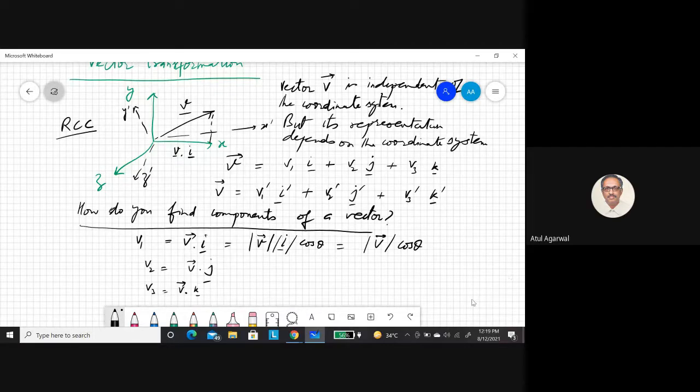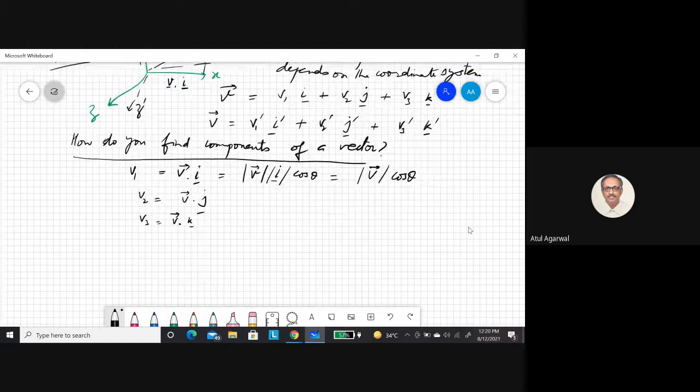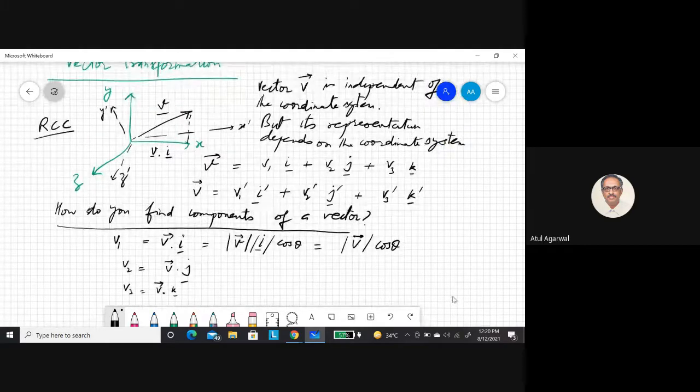So you can get components of a vector like this. Basically, it is the projection of the vector onto that axis. This gives the length of the projection along the coordinate directions. How do you find v1 prime? Now you have to draw a perpendicular onto the axis which is x prime.